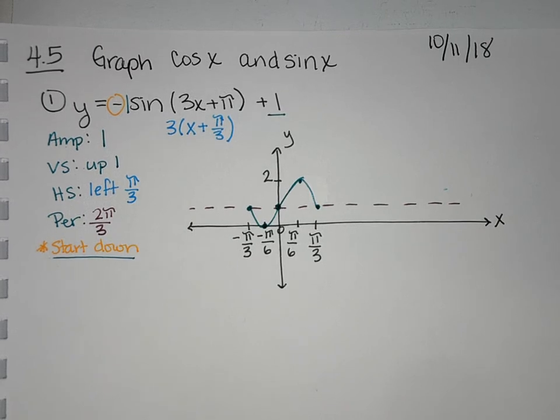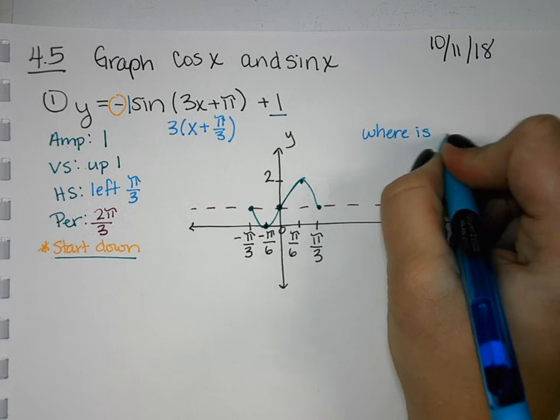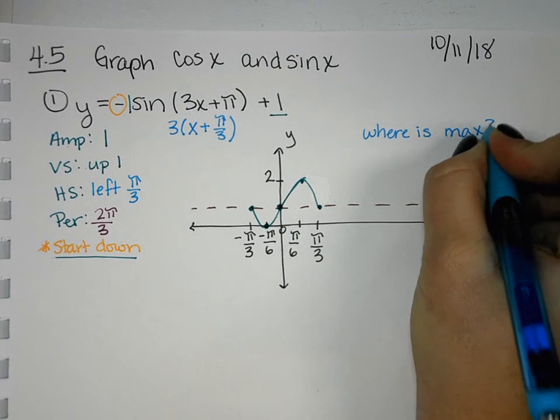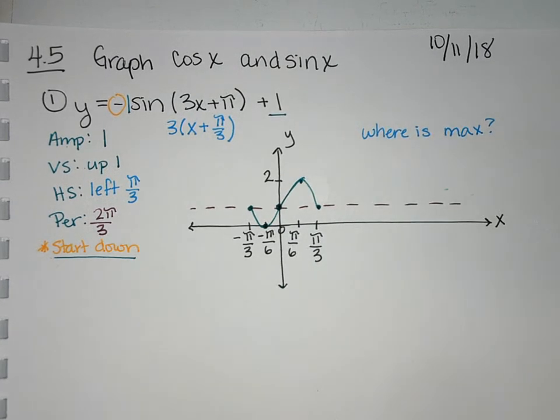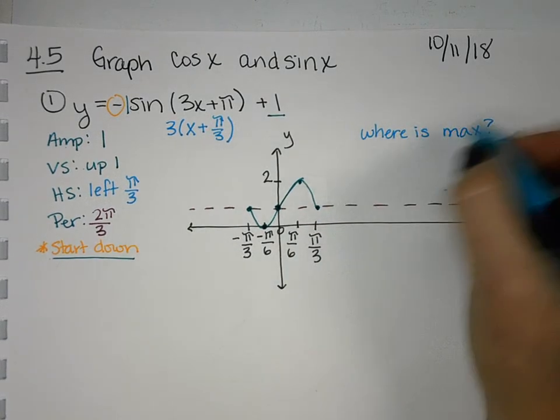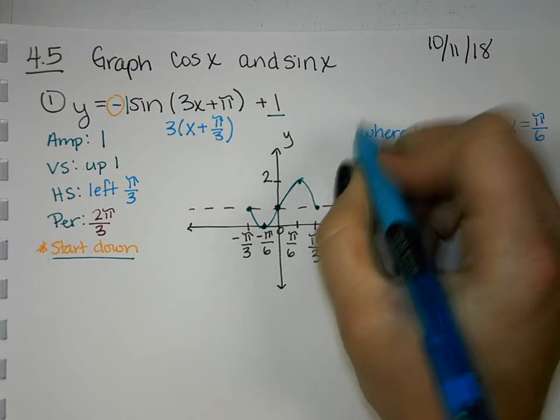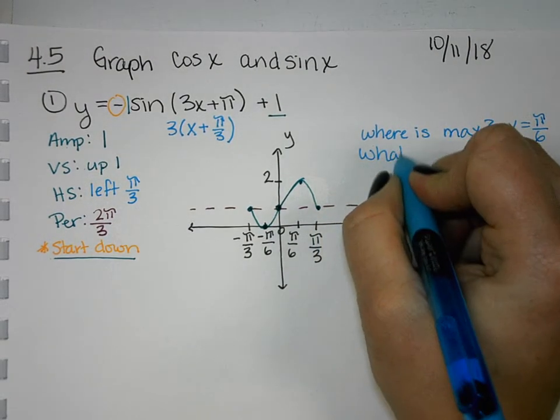So some of the questions that you're going to be asked about the graph. A question you might be asked is, where is the max? So where is your highest point? You would say your highest point would be at x equals pi over 6. What is the max?